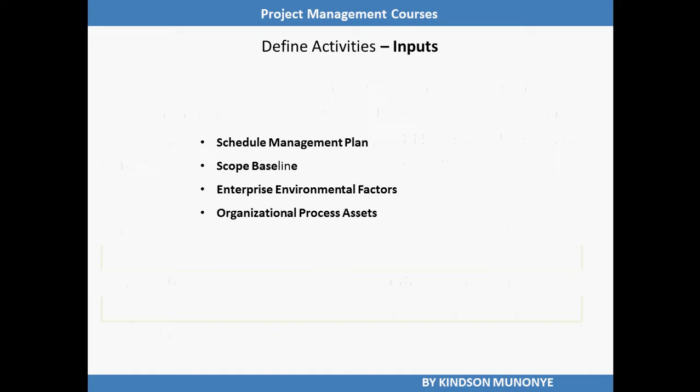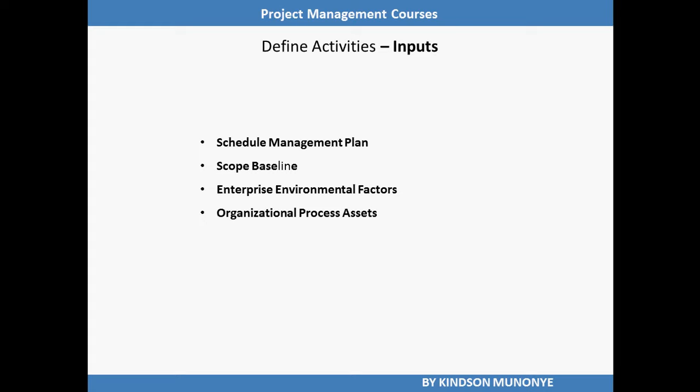For the input, we have schedule management plan. Remember, the schedule management plan is the output of the plan schedule process, and that defines the procedures and policies that will be adopted in planning in the schedule management process. We also need the scope baseline.